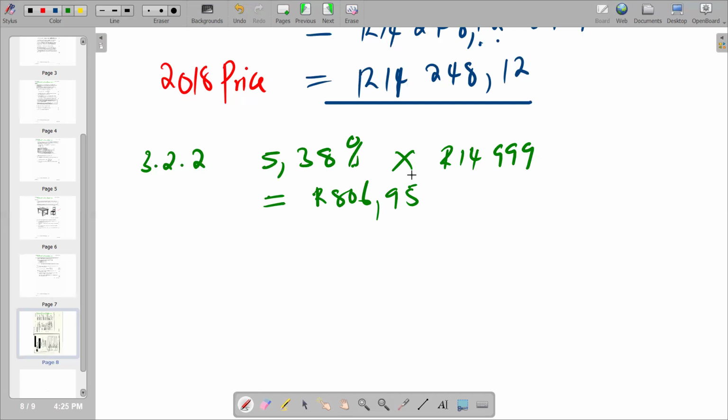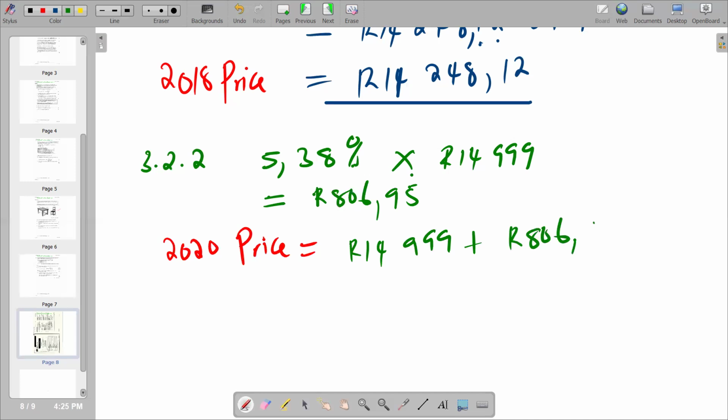In that case, the 2020 price will be equal to the increase plus the 2019 price. So we are saying 14,999 plus the increase, which is 806 rands 95 cents.